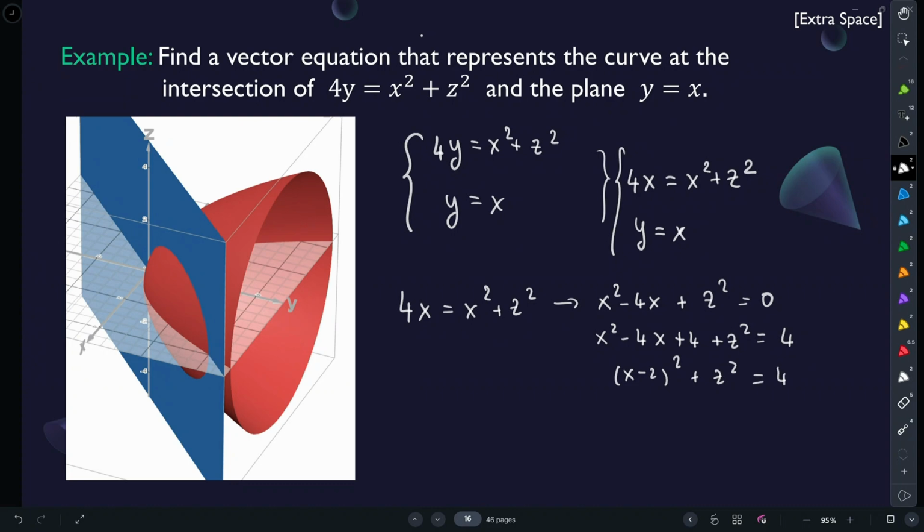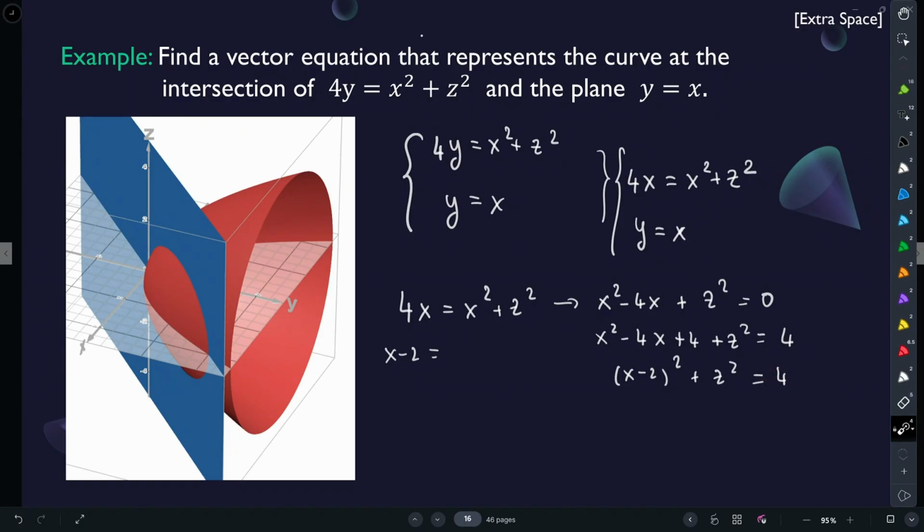That's great. So the projection to the xz plane is a circle that I can parameterize, and then parameterize the y coordinate. So what I want is x minus 2 to be cosine, not quite cosine, because I want a circle of radius 2, right?